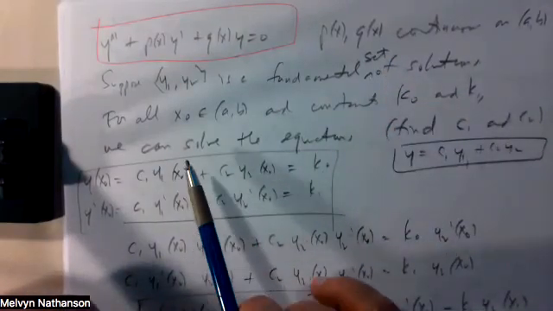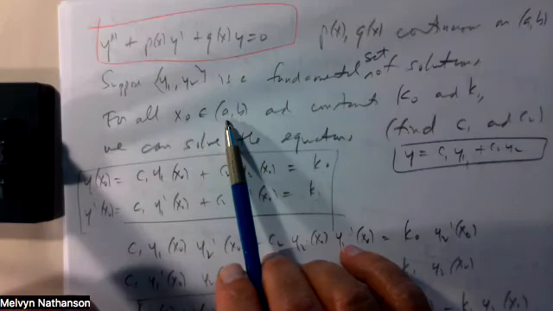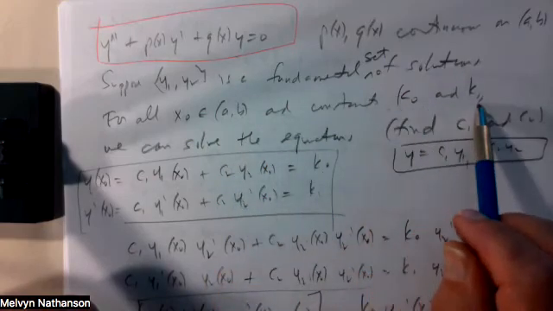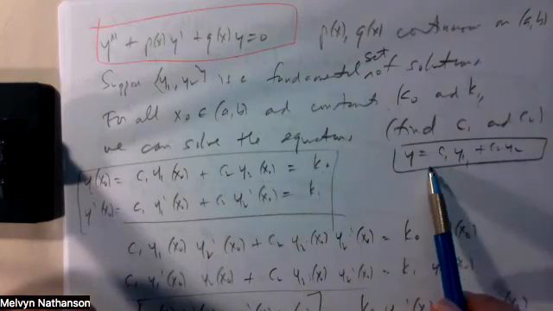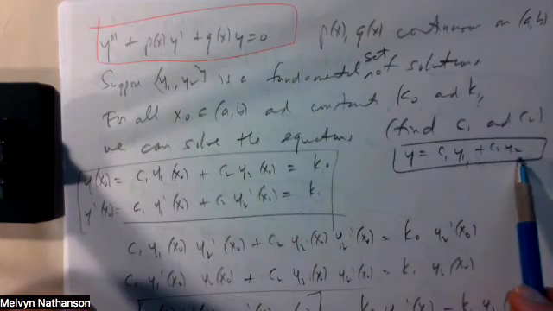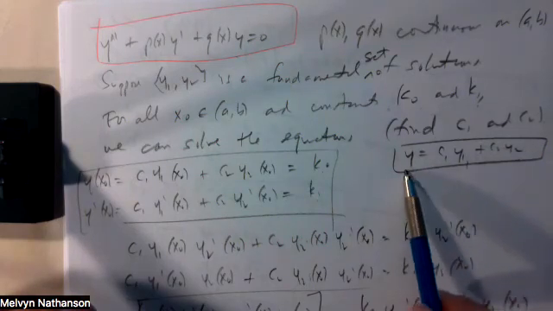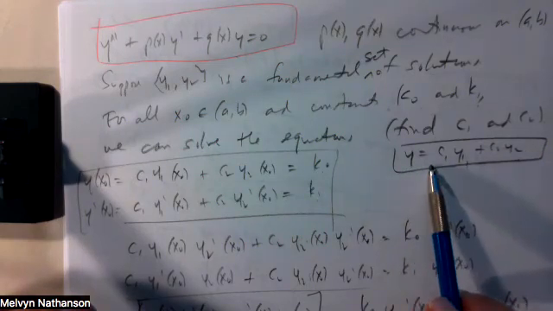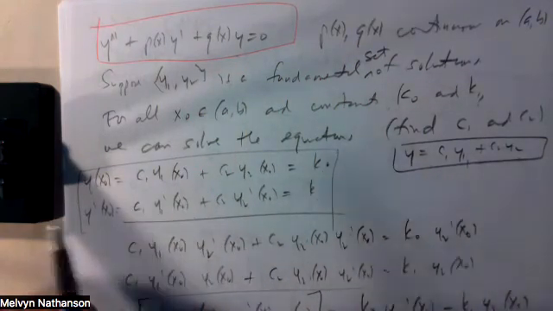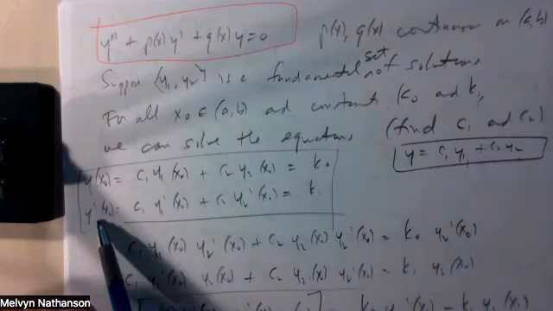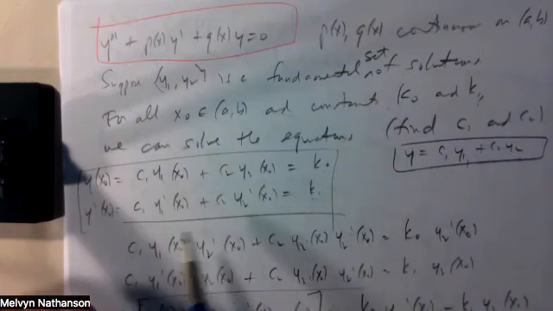What that means is if I take any x naught between a and b, and any constants k naught and k1, there's always some linear combination of y1 and y2, c1 y1 plus c2 y2, such that this function y satisfies the differential equation and the initial conditions that y at x naught is k naught and y prime of x naught is k1.